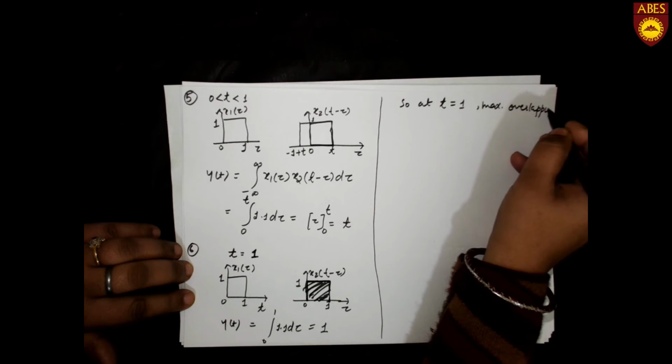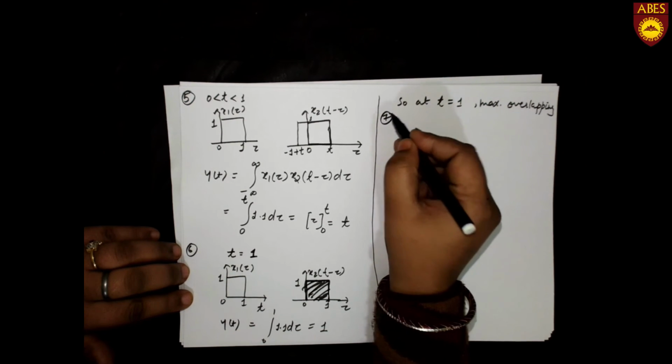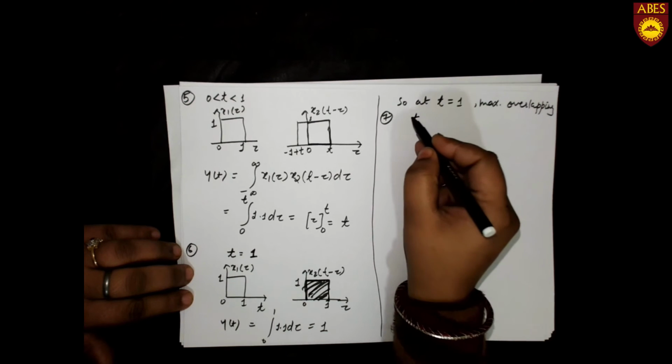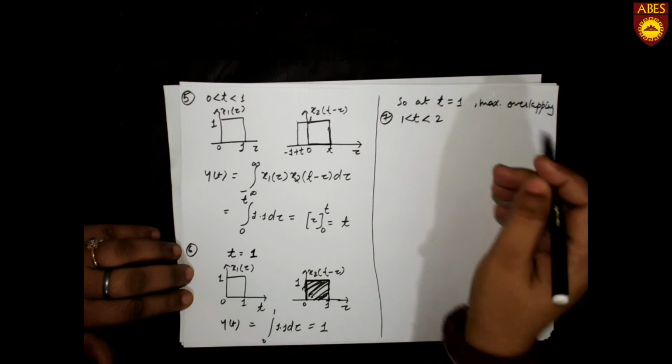Now the next condition is to assume that t is greater than 1 but less than 2.